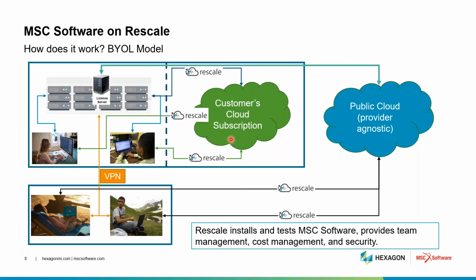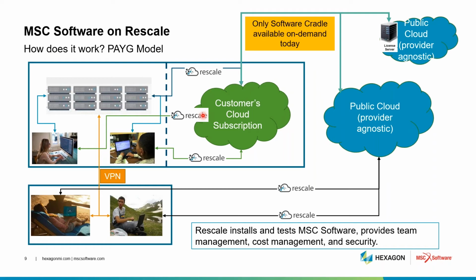The customer's cloud subscription is using Rescale and calling out those licenses from your license server, and your employees can run those licenses, like the analysis of MSC Nastran or other software, on a private cloud, or they could use a public cloud. The private cloud is your organizational cloud, whereas the public cloud is used by multiple organizations as well. Rescale installs and tests MSC software, and we work tightly with them and provide them our feedback continuously.